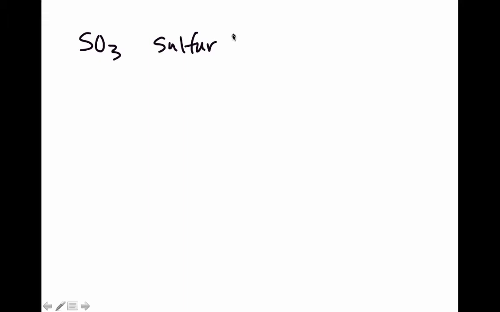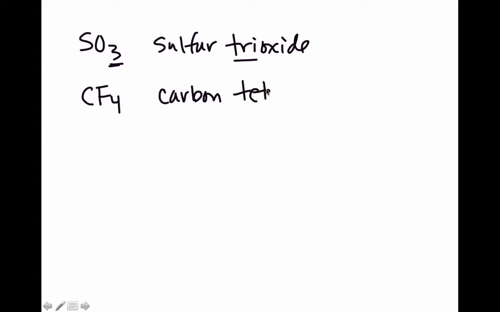Okay, so under number 1 in the practice problems, 1A, you have SO3. So we would name that sulfur trioxide. We use the prefix tri here because we have 3 oxygens. Letter B, CF4, we would call that carbon tetrafluoride.